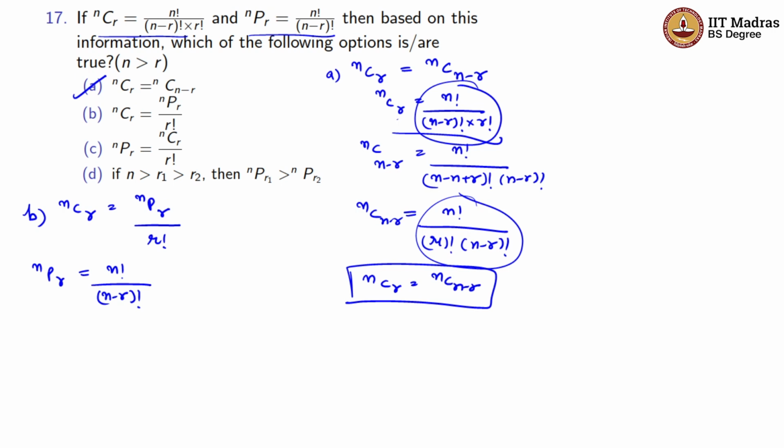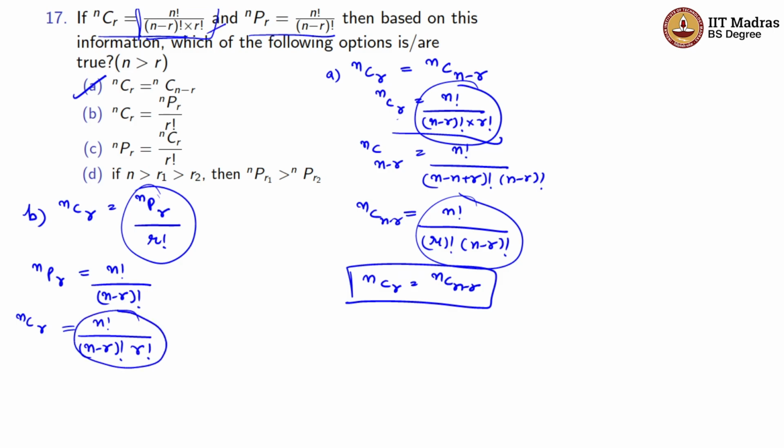Now if we put the value of nPr in this expression, we will get n factorial upon (n minus r) factorial into r factorial, right? And if we look at the nCr formula here, we see that it is the same as this expression. So option B is also correct, right? nCr is equal to nPr upon r factorial. Option B is also correct.